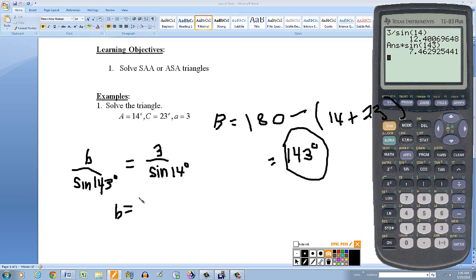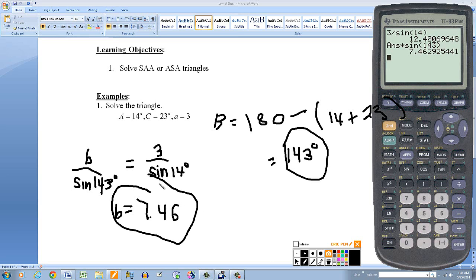So I come back over here, and this will be 7.46. Now we're just missing one part of the triangle.